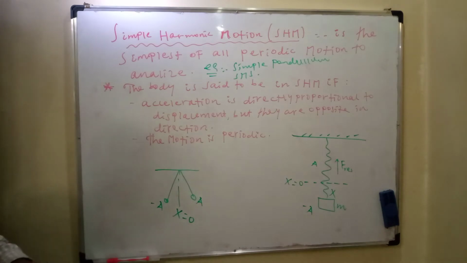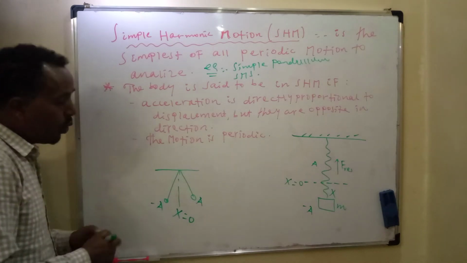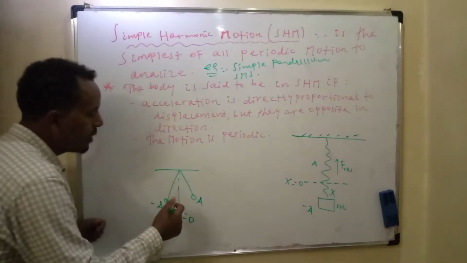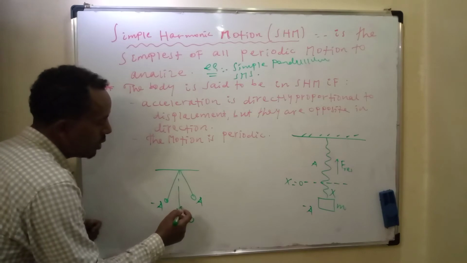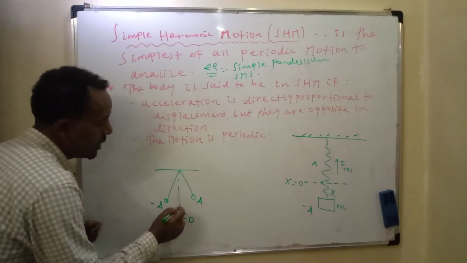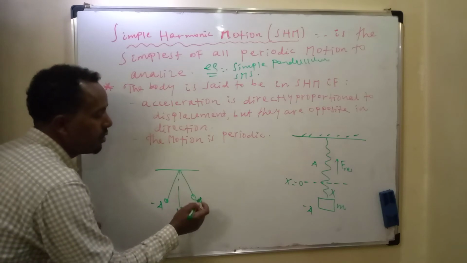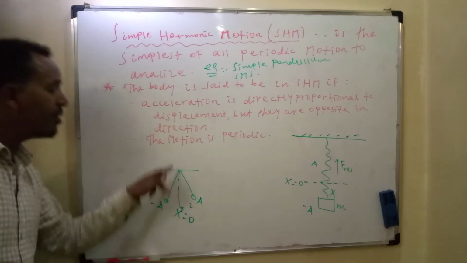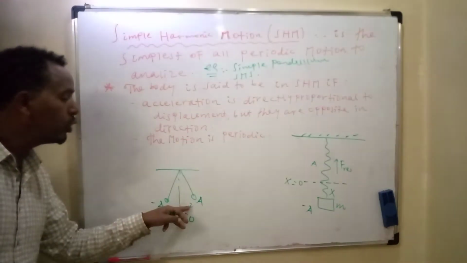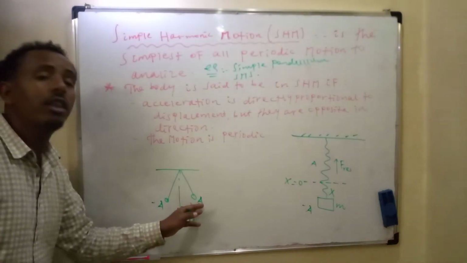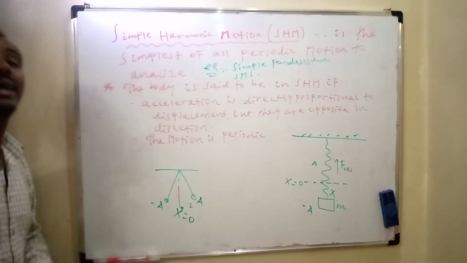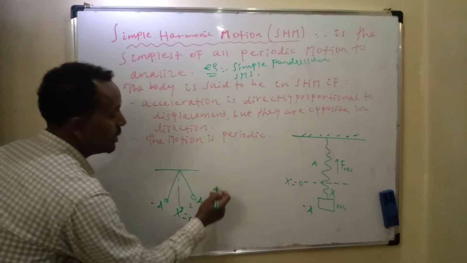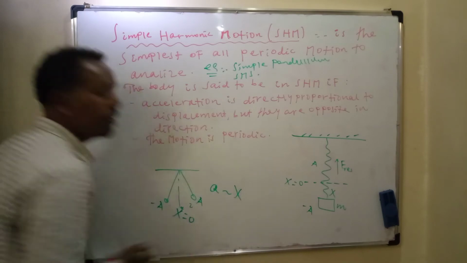Now, the acceleration of the pendulum varies from point to point. For example, let's say this is point 1, here point 2, and this is point A. At the equilibrium position, the acceleration of the bob of the pendulum will be 0. At 2, it has some value. At A, at amplitude, it gains maximum acceleration.